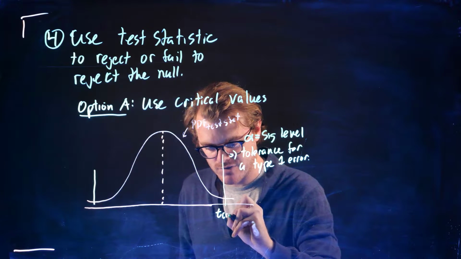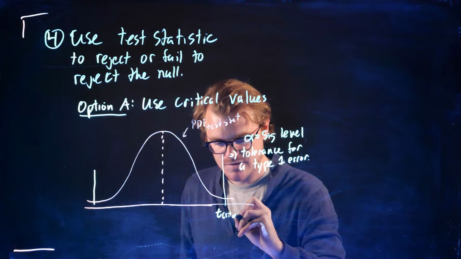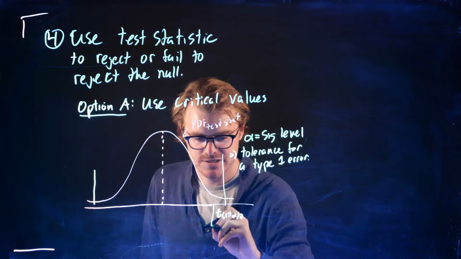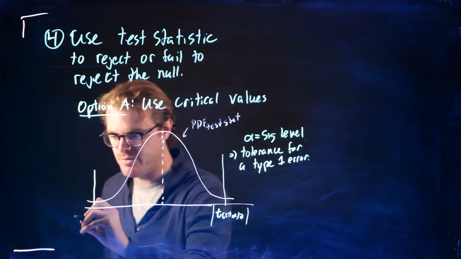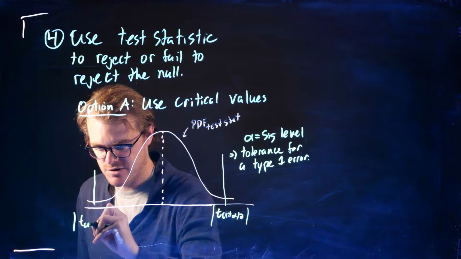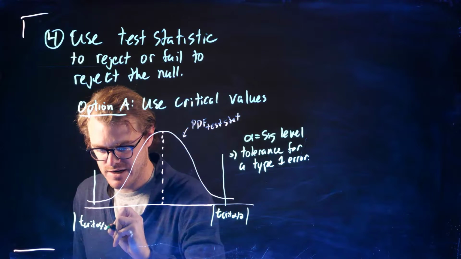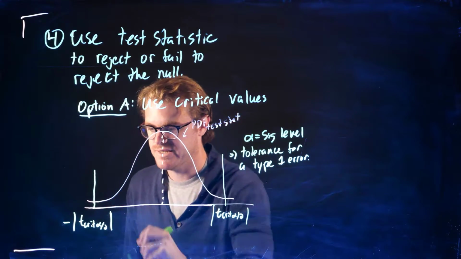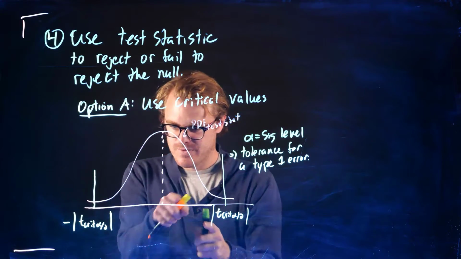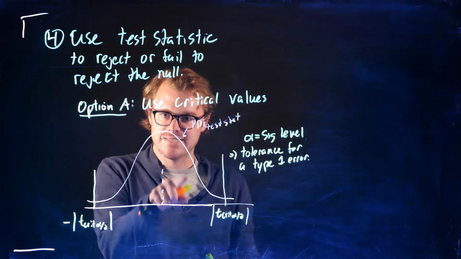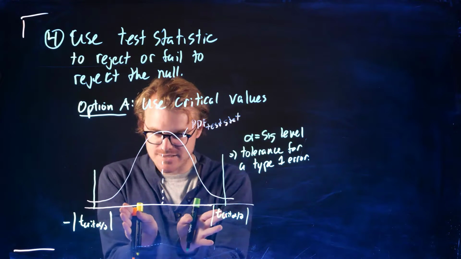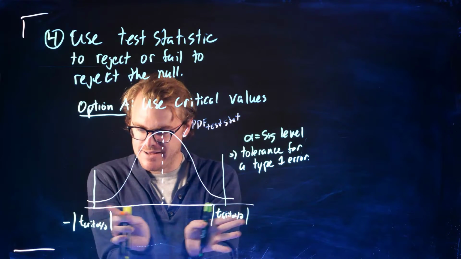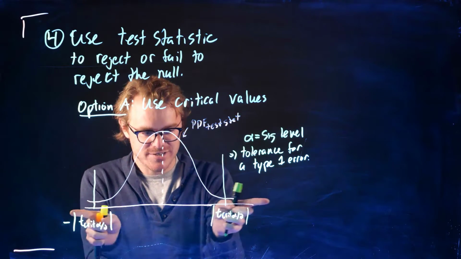This is the critical value. If it's a two-way, I'm just going to put alpha divided by 2. T crit alpha divided by 2, and we'll put a negative sign on the other one. Basically, if our test statistic is further out in the tails, beyond these critical values, we reject.